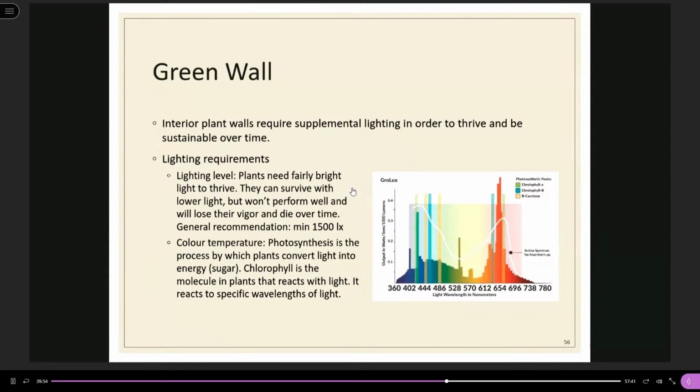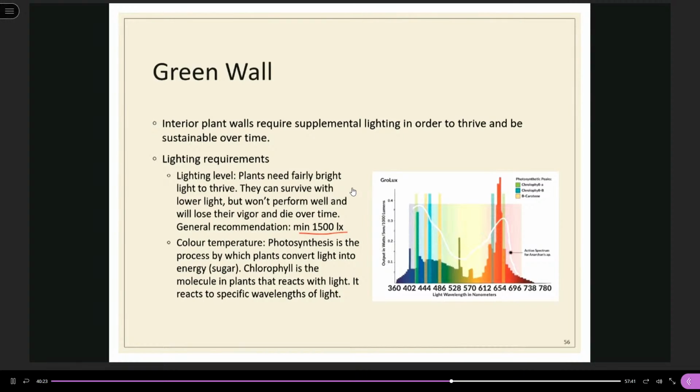The plants need fairly bright light to survive. They can survive with low light, but won't perform well and will lose their vigor and die over time. So generally, the recommendation is minimum 1,500 lux. 1,500 lux is not too high, but higher than the general lighting recommendation for an office or a classroom.